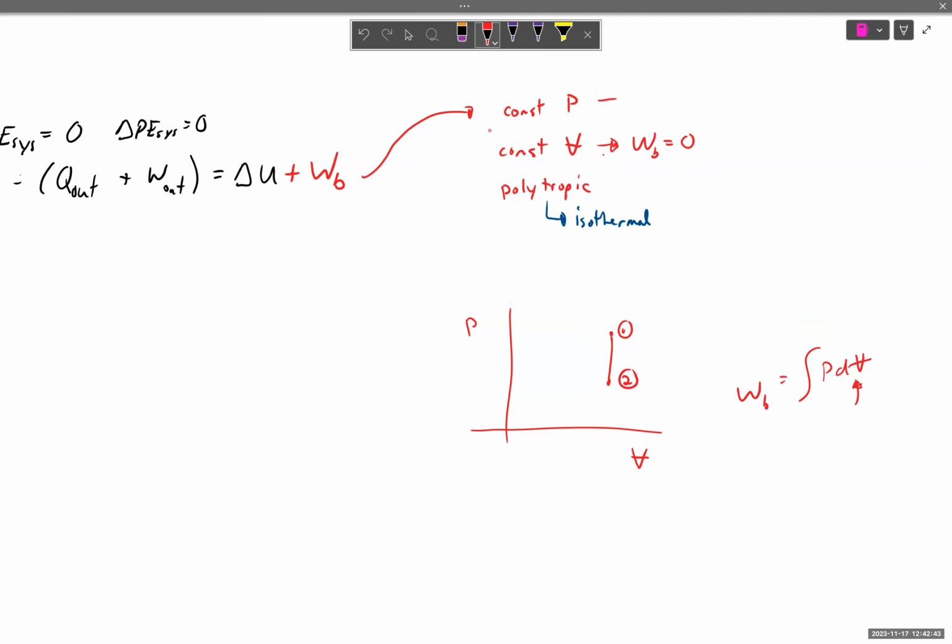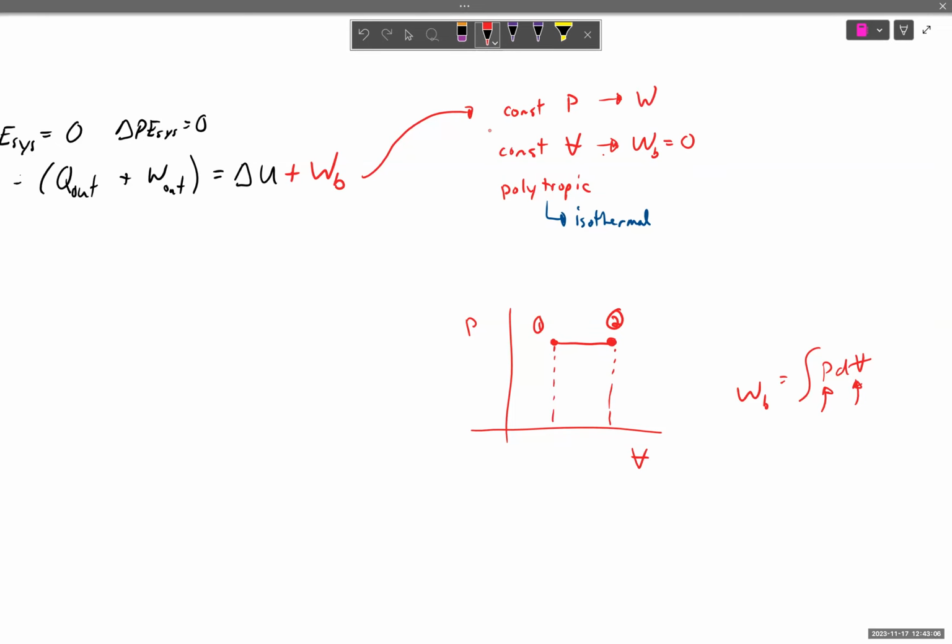If I had a constant pressure, you can look at it right here. What happens when we pull that P out of the integral, or we draw it on the picture, going from state one to state two, we have just a line across there. Then that means I have just this area under the curve.